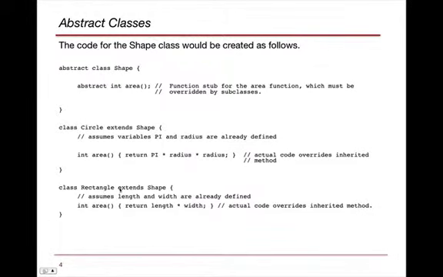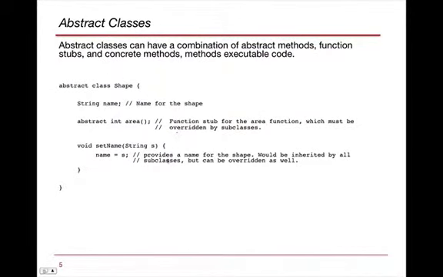Again, I do class rectangle extends shape, and this method overrides the function stub in the abstract class shape. Abstract classes can also have a combination of abstract methods and concrete methods. Those methods are executable code. So for example, I may have a variable called string name, and this would be a name for the shape. Here's my function stub, the abstract method, but then I may also provide a method that sets the name of the shape, and it doesn't have to be rectangle, it could be shape number 64.